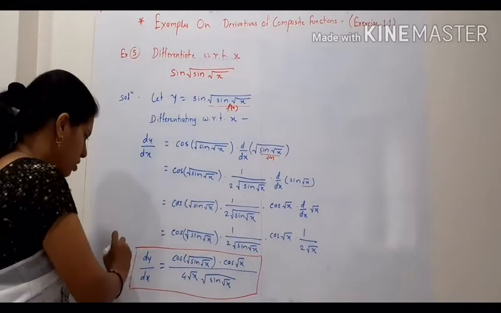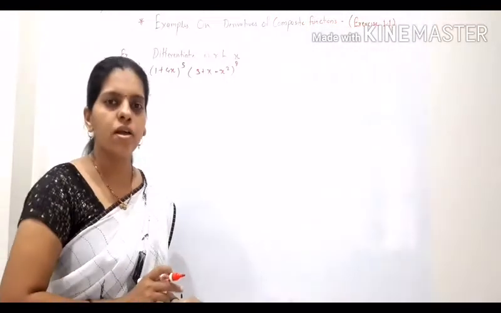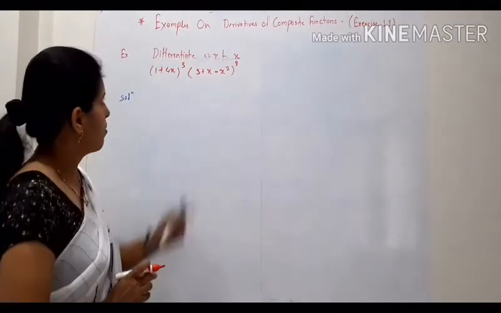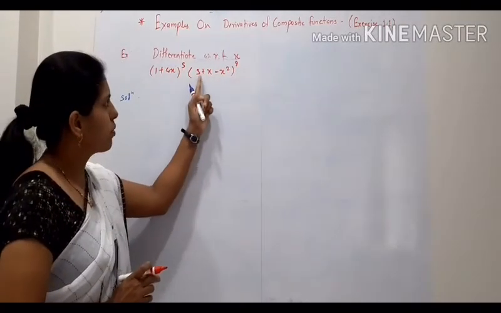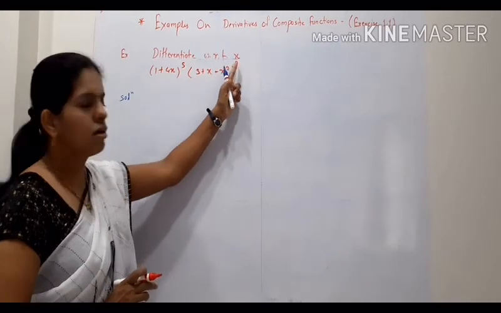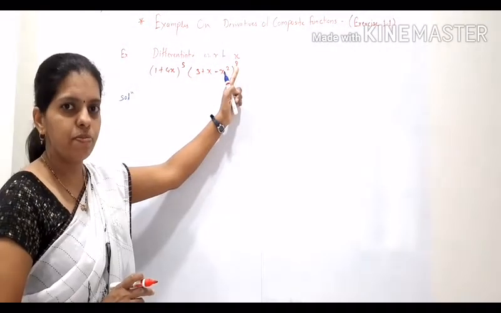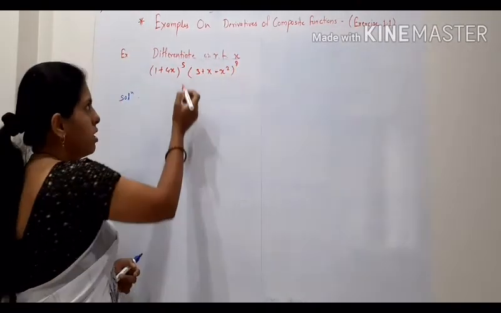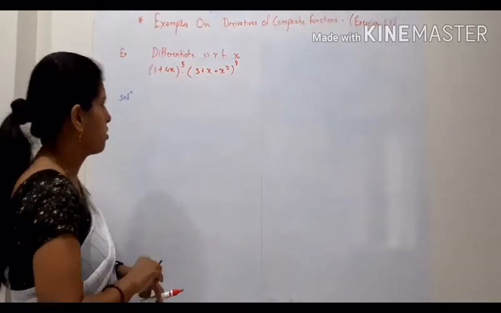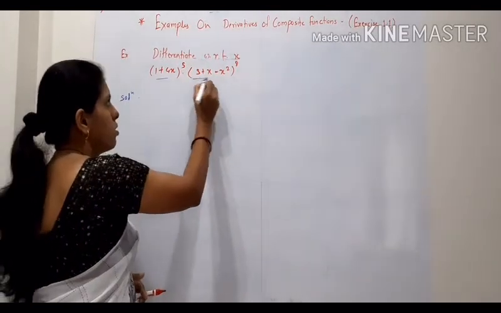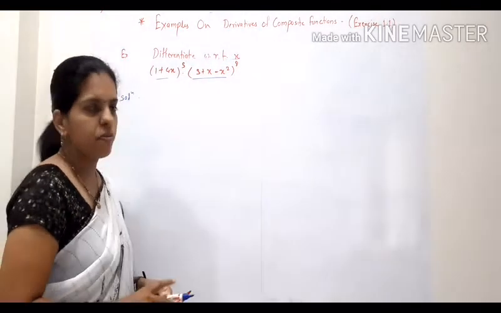Hence, next example: 1 plus 4x raised to 5 into 3 plus x minus x square raised to 8. So here it is the product of two composite functions.